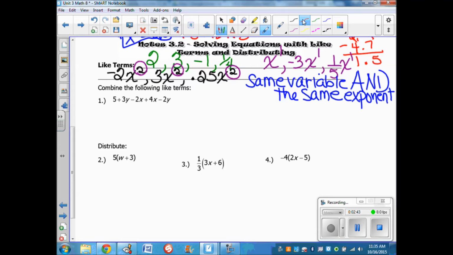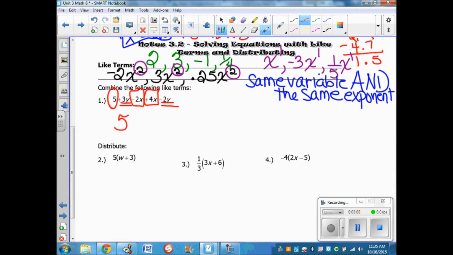I look at this and I see there's a 5. Do I have any other numbers? I don't have anything else. Then I have some y's, and then I have -2x and a +4x. So when I combine these, I don't have anything to combine with the 5, so I'm going to leave that alone.